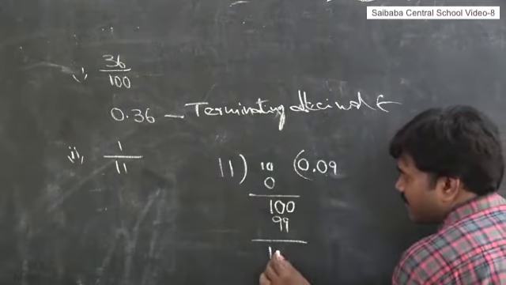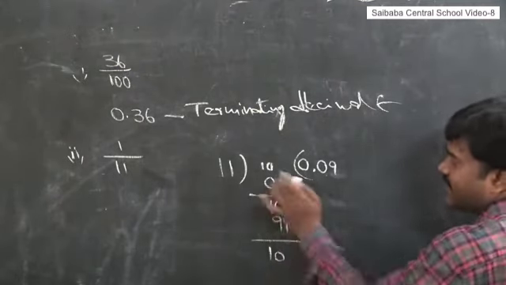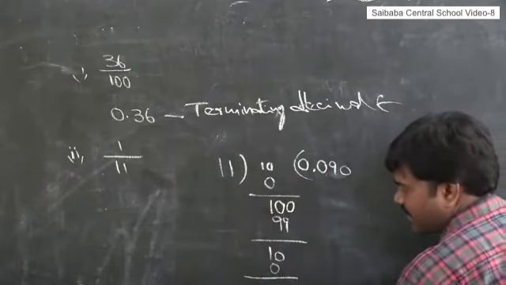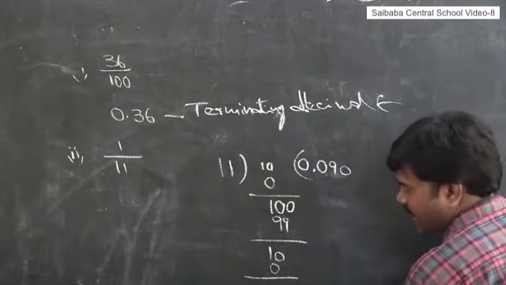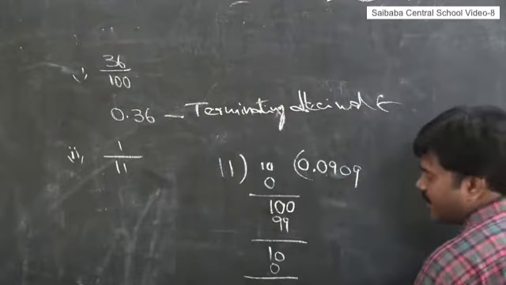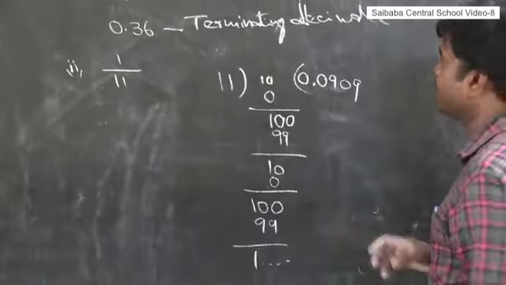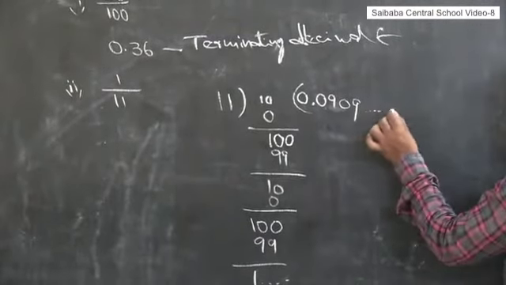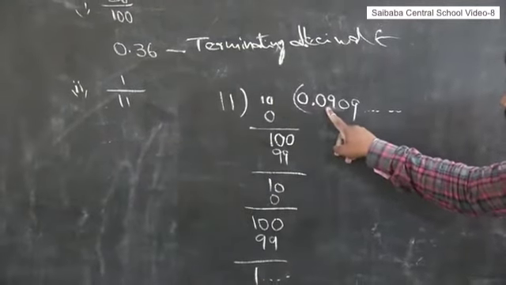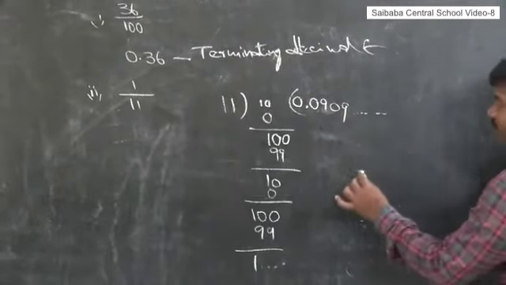Then keep a point: 10 is again less than 11, so 0, then 10 again, place one more 0 to get 100, 9, 99, then again 1. Continue like this. Then what is the answer? 0.0909090909 and so on.